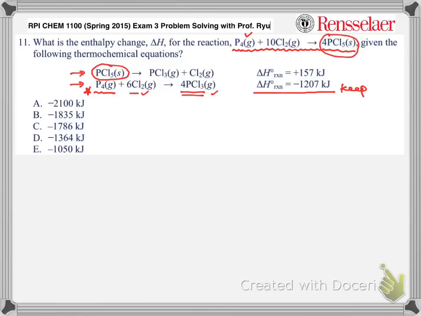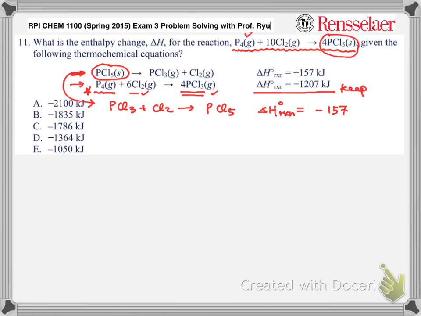Looking at the equation on top, what I'm seeing is PCl5 showing up here. So first I'm going to flip the equation from the top, so this equation becomes PCl3 plus Cl2 becomes PCl5. By flipping this, I have a new delta H of reaction, which is the opposite sign of that 157.